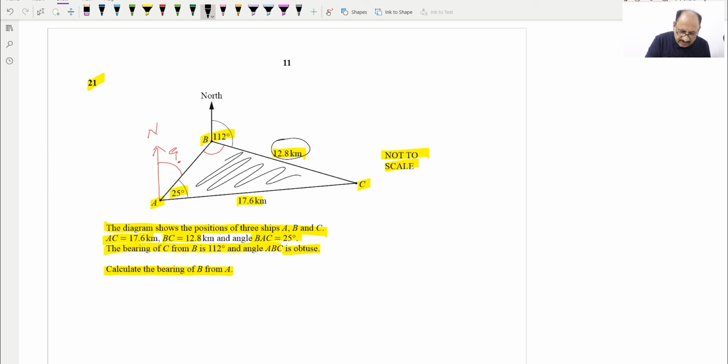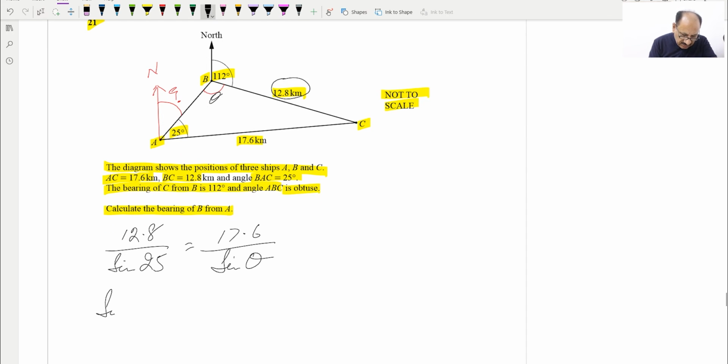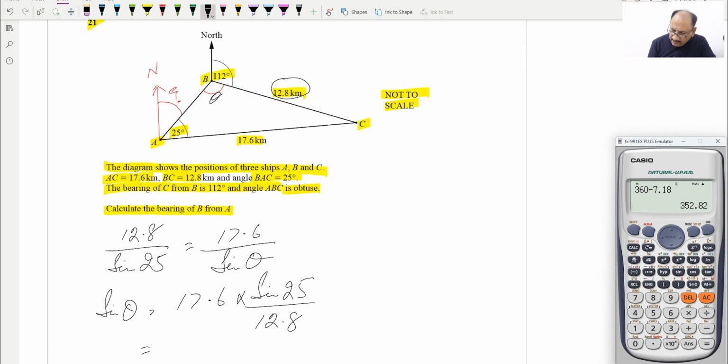So 12.8 over the opposite sine, so sine of 25, is equal to 17.6 divided by sine of theta. Theta we can take as this one, and now we can further solve this. So sine theta will be equal to 17.6 into sine of 25 over 12.8.